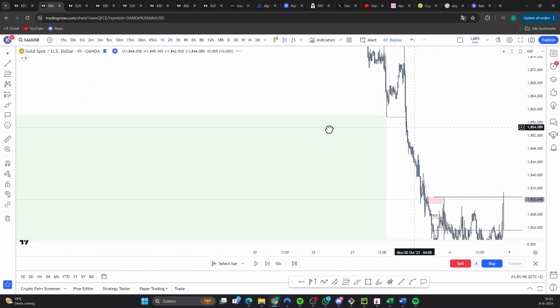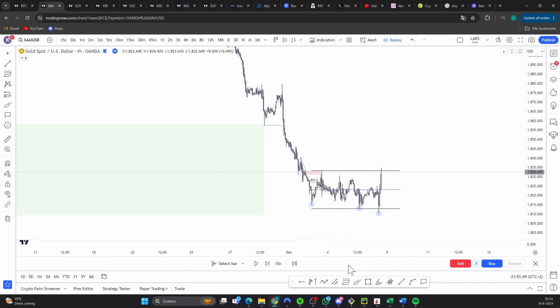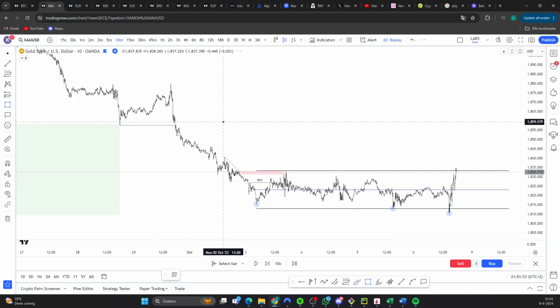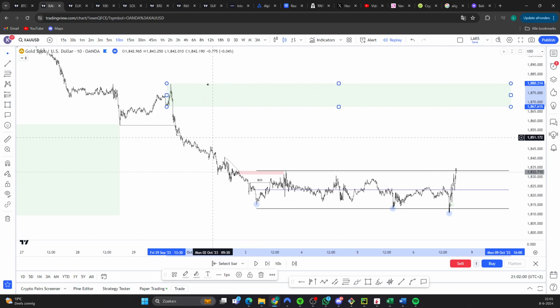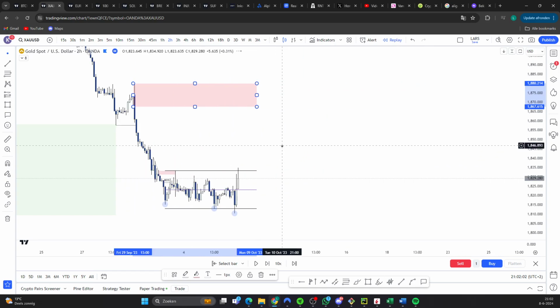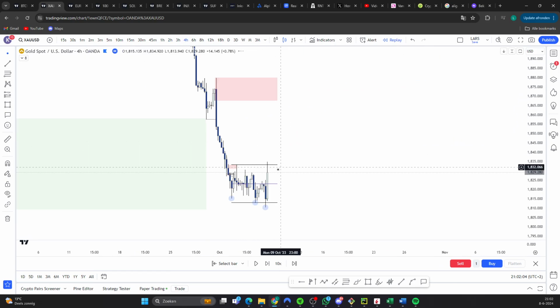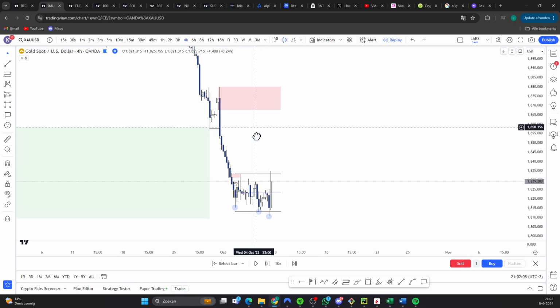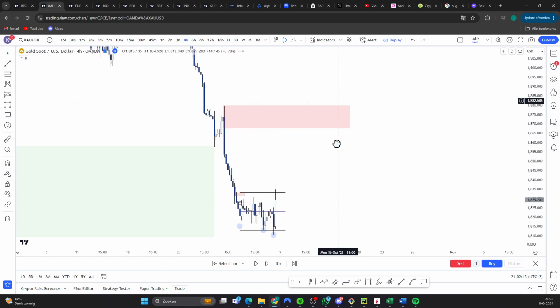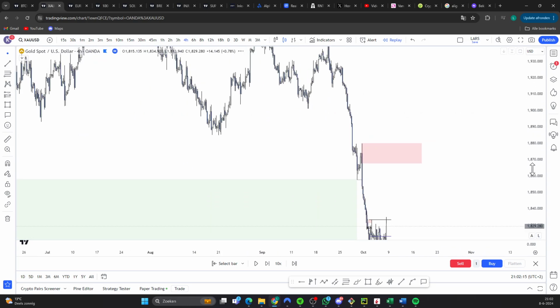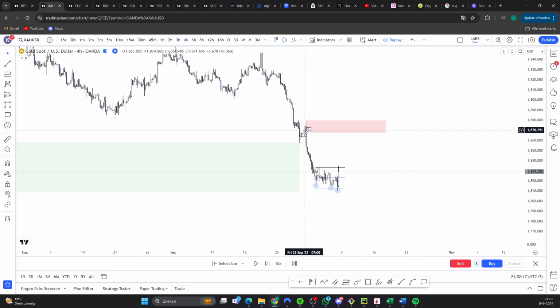Let's do some analysis. This is the next big thing, breaking past this resistance.